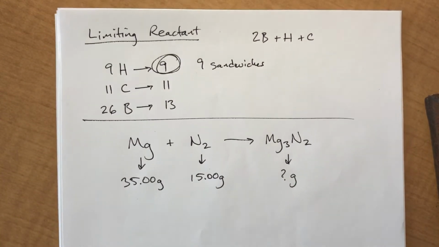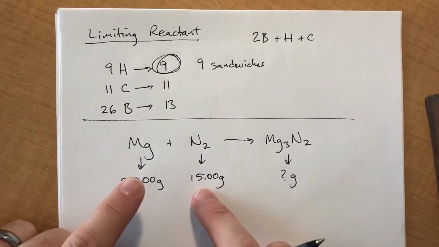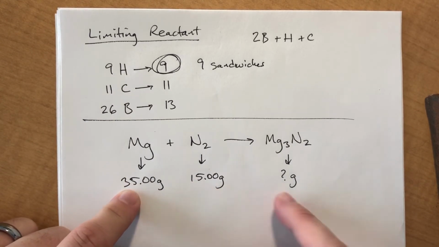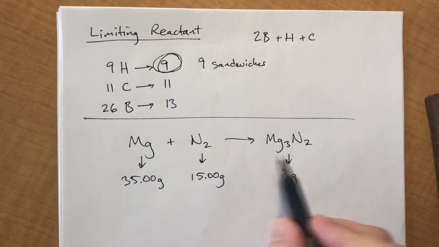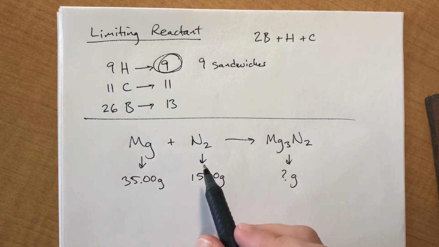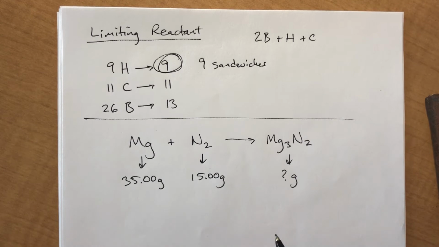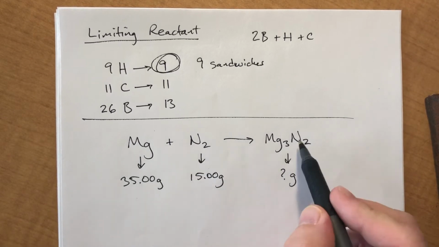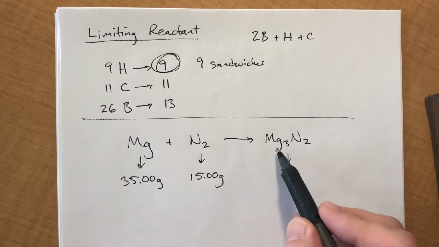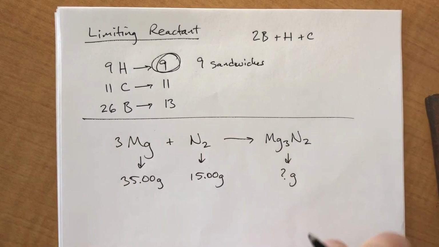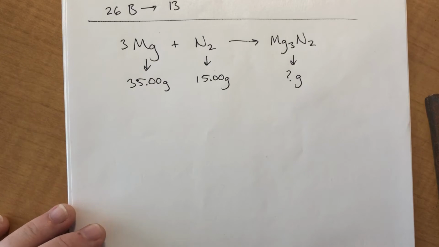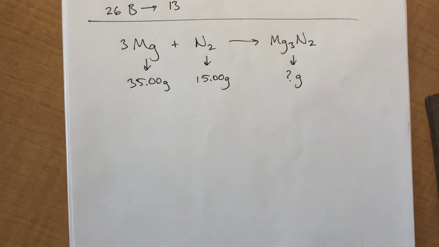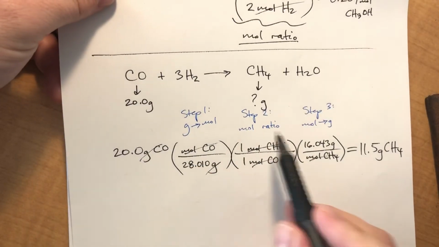So, just like the previous problem, one of these 2 things is going to run out first, but we don't know until we do the work. So, the first step is to balance this. This one's not balanced, so you have to balance it first. It's pretty easy. The nitrogens are balanced. We have 1 magnesium and 3 magnesium, so just going to put a 3 here. Pretty straightforward.